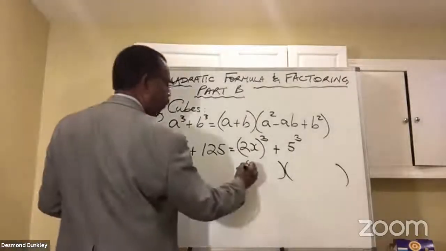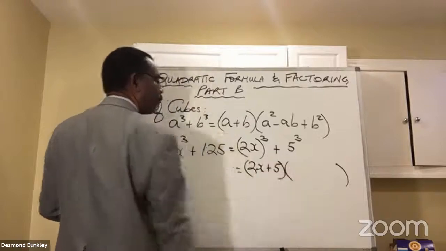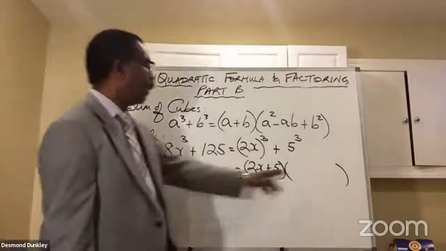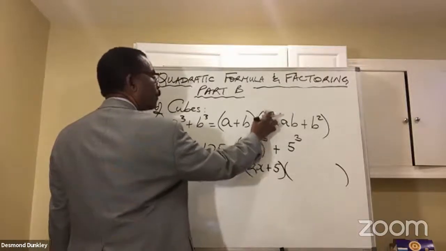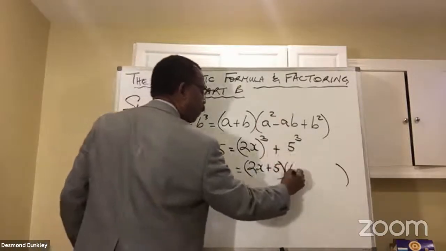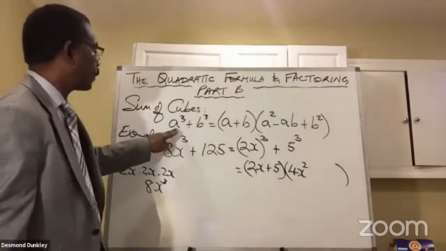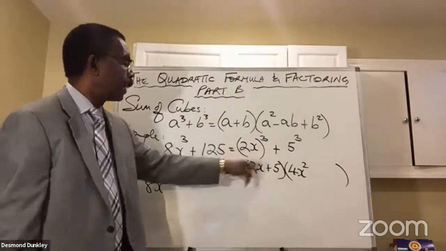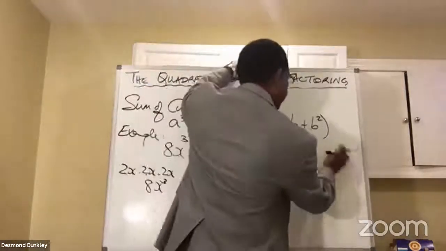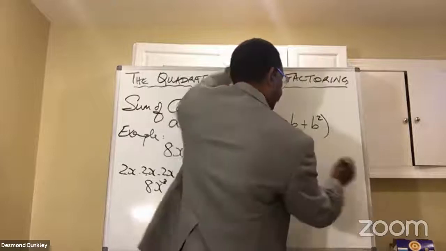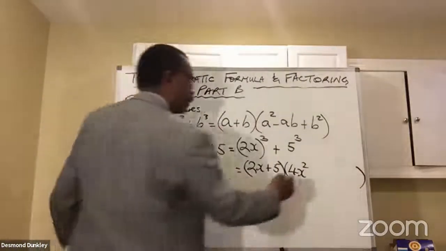So it's going to be 2x plus 5, and then here is going to be 2x times 2x, which gives us 4x squared. That's what happens when you square this. 2x times 2x gives me 4x squared. And then, according to this, it says minus.